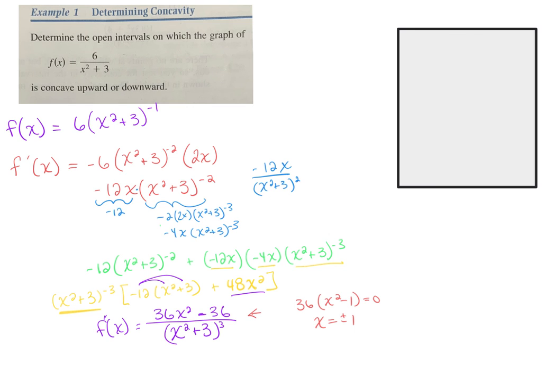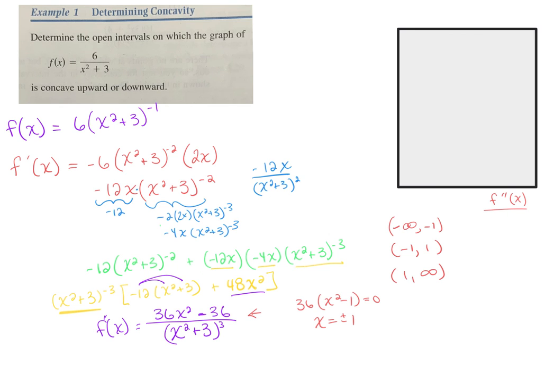You are going to do exactly the same thing that you would do with increasing, decreasing, but now we're using the second derivative and we are finding concavity. So we're going to say from negative infinity to negative 1, from negative 1 to positive 1, and from positive 1 to infinity. And we're going to test those in our second derivative. So we want to know does this yield a positive or negative in my second derivative?